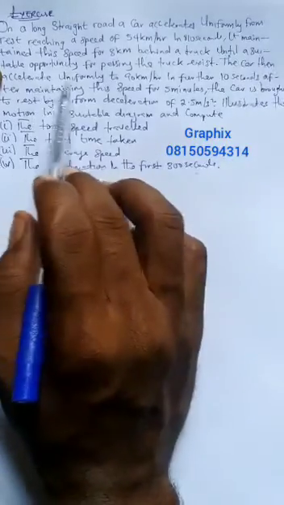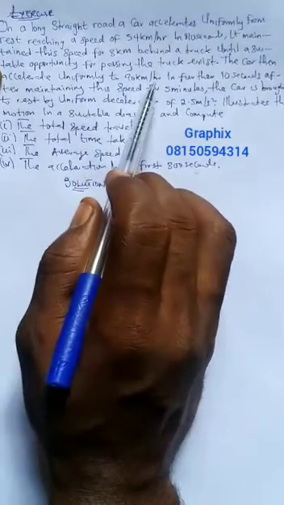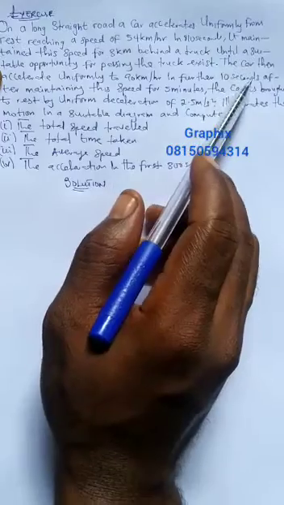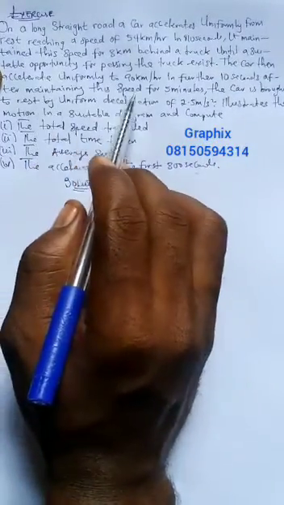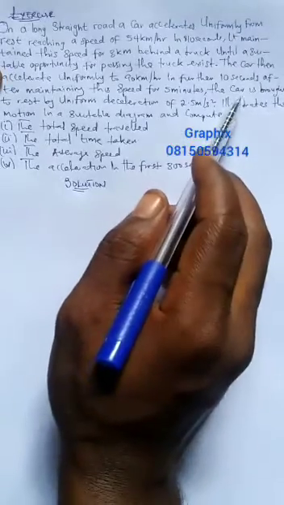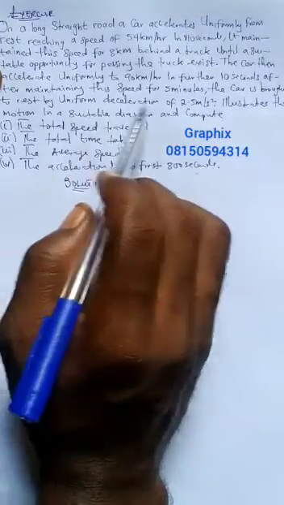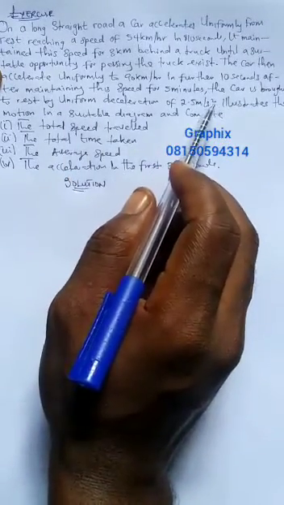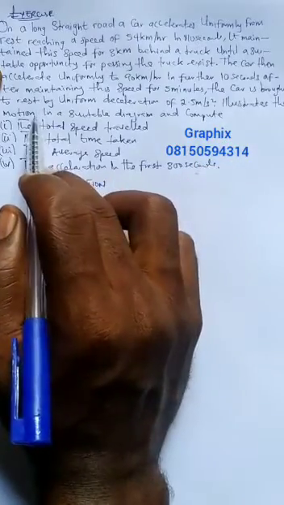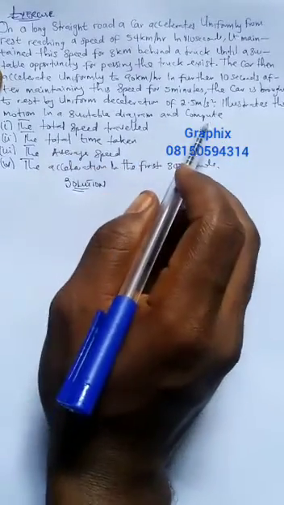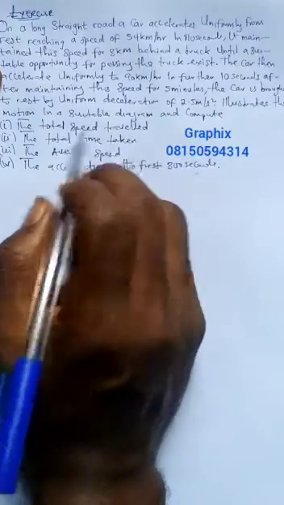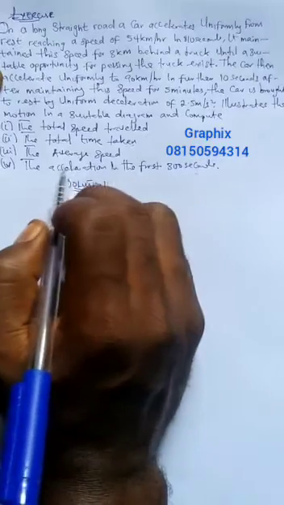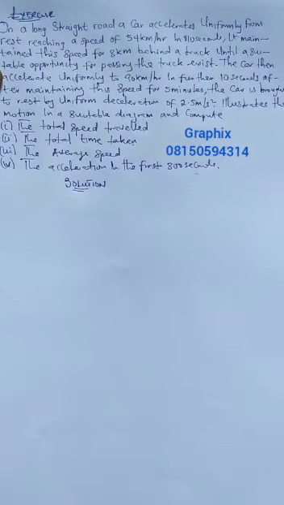The car then accelerates uniformly to 90 km per hour in a further 10 seconds. If after maintaining this speed for 5 minutes, the car is brought to rest by uniform deceleration of 2.5 meters per second squared, illustrate the motion in a suitable diagram and compute the total distance traveled, the total time taken, the average speed, and the acceleration in the first 300 seconds.